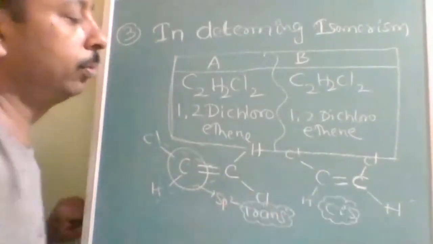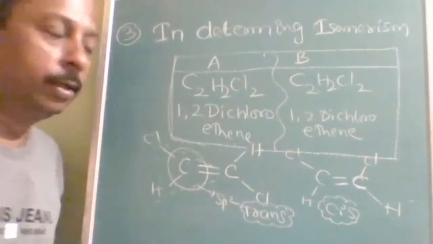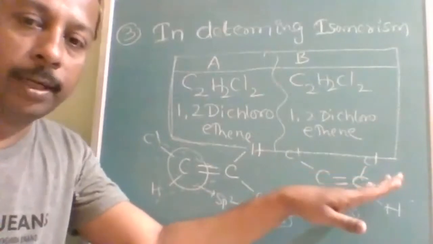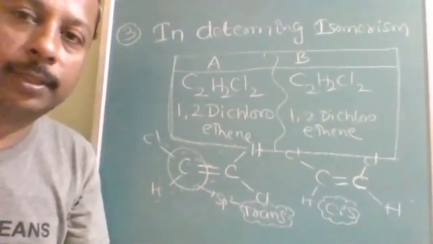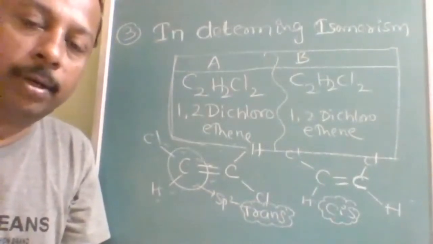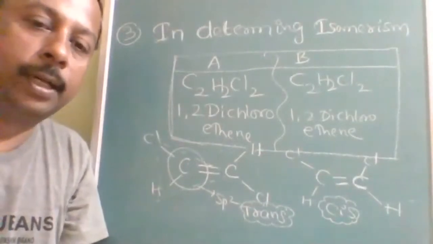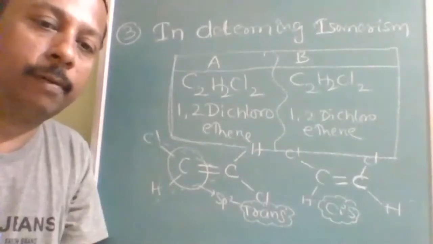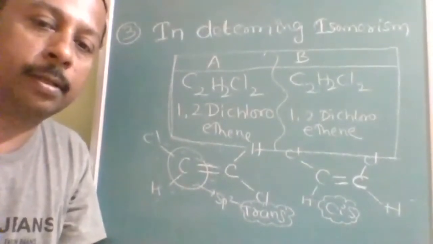When similar groups are attached on the same side of the double bond, then they are called cis. If they are on the opposite side, then they are called trans. Is this understood to all of you? Note down this.